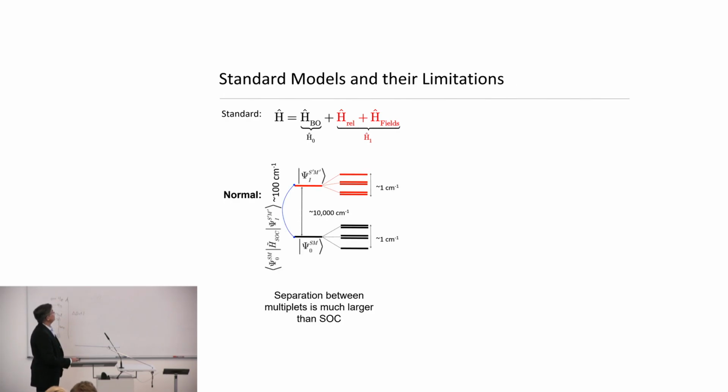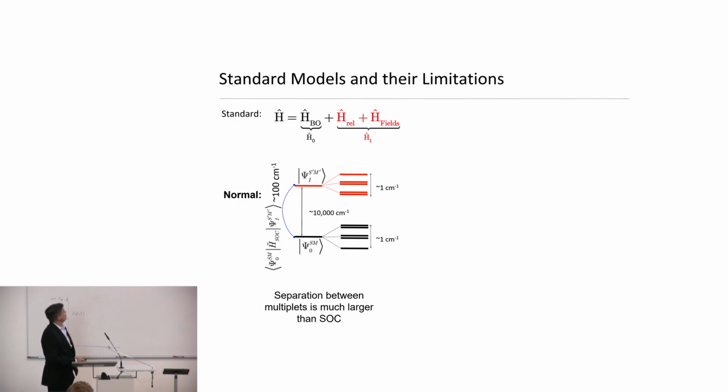So the normal situation here is that you have that ground state multiplet, 2S+1 magnetic sublevels, and then you have an excited state multiplet here, 2S'+1 components, and their separation is, say, on the order of 10,000 wave numbers or more. Then you have a spin-orbit coupling that is, say, on the order of 100 wave numbers or 200 or 300 wave numbers, but definitely still much smaller than that separation.